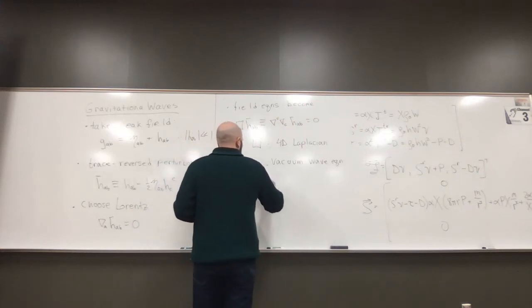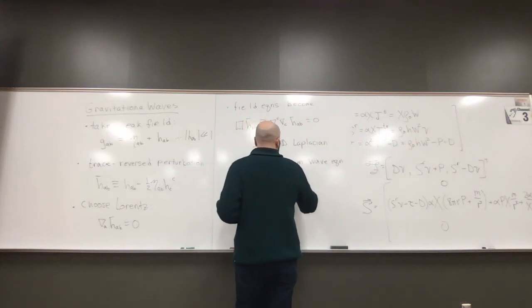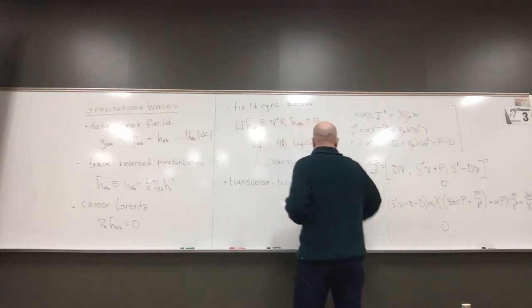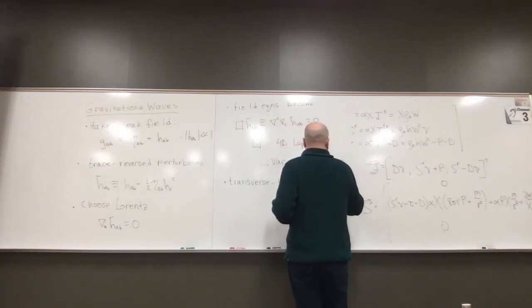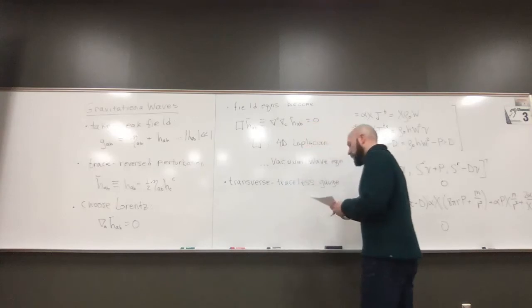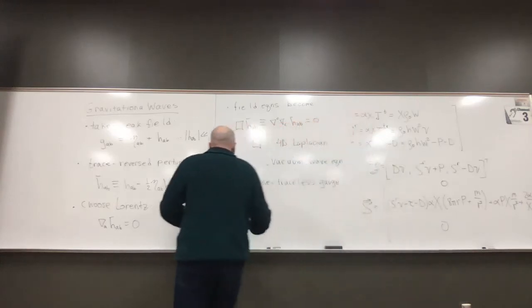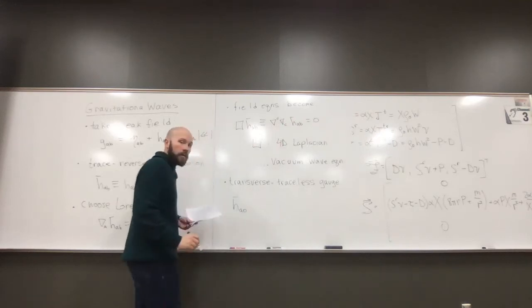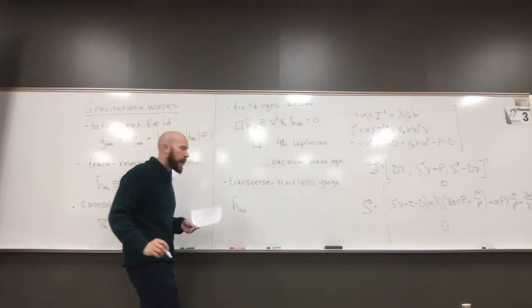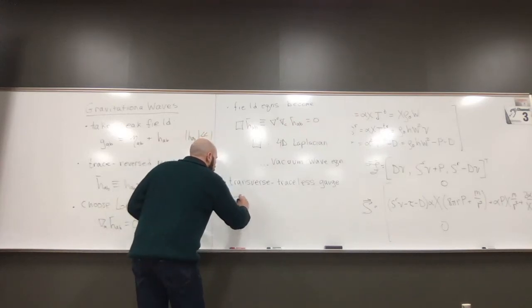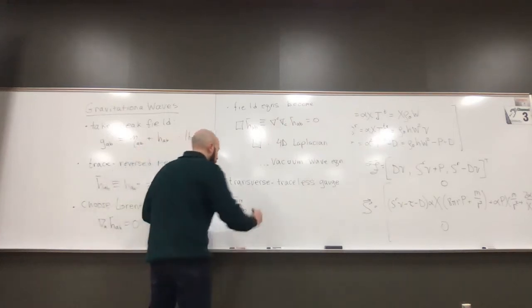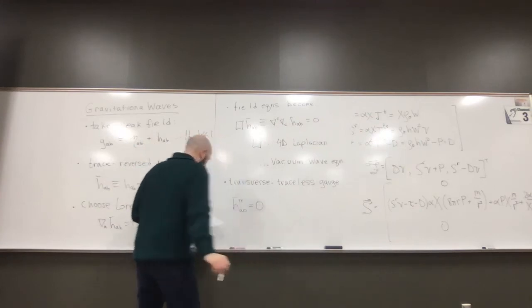is to apply what's called the transverse traceless gauge. That's a Q, not a G. All right, and so what that means is the following: h bar A0, and now in the transverse traceless gauge, I'm going to denote that by two little capital Ts there. Those are not indices. Those just mean transverse traceless. It is equal to 0.